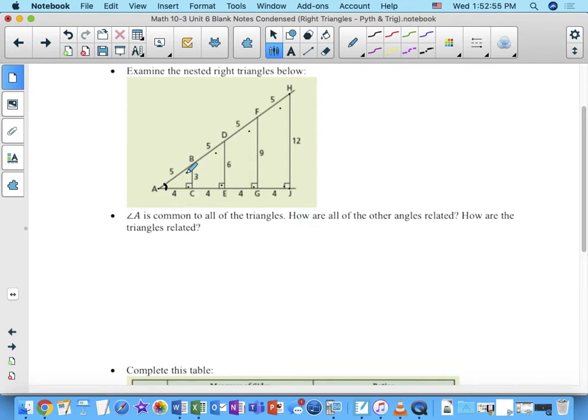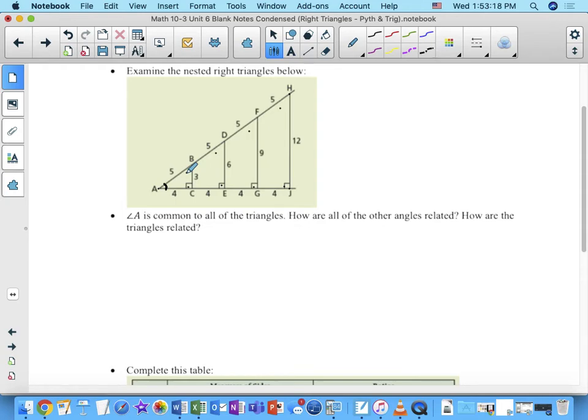Yeah. So it actually doesn't matter what angle A is. The fact that they have two angles in common means they must have the third one in common as well, because the angles all have to add up to 180. Okay?